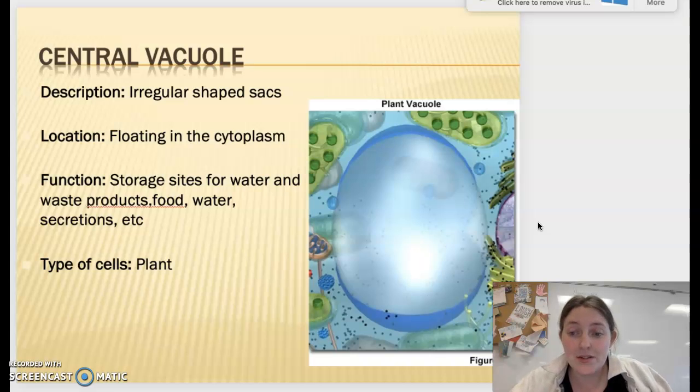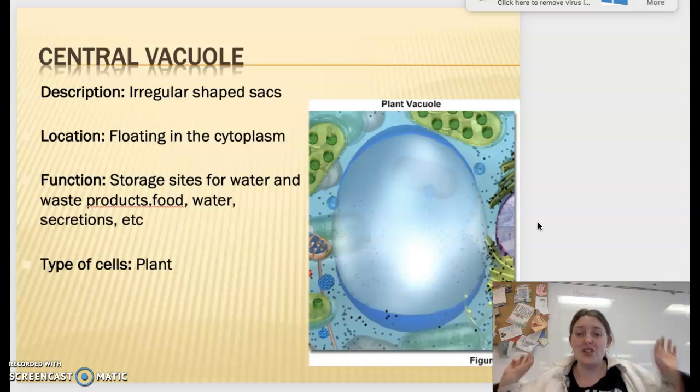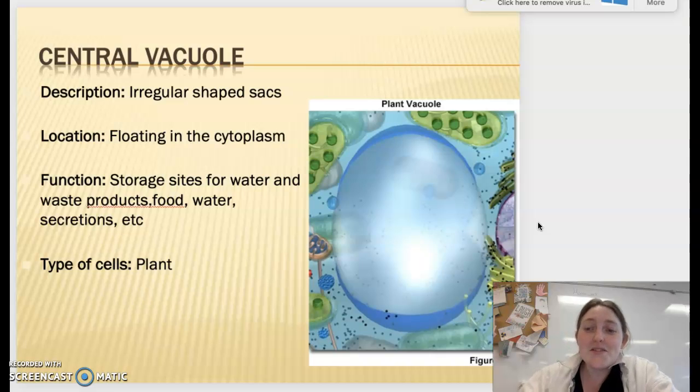They don't have a lot of janitors to clean up, so everything just gets shoved into one spot. It's like a landfill mixed with food storage, mixed with spare parts, a gigantic warehouse, which doesn't sound very pleasant, but that's how it works for them. And this is strictly plant cells that do this. They have this gigantic central vacuole.